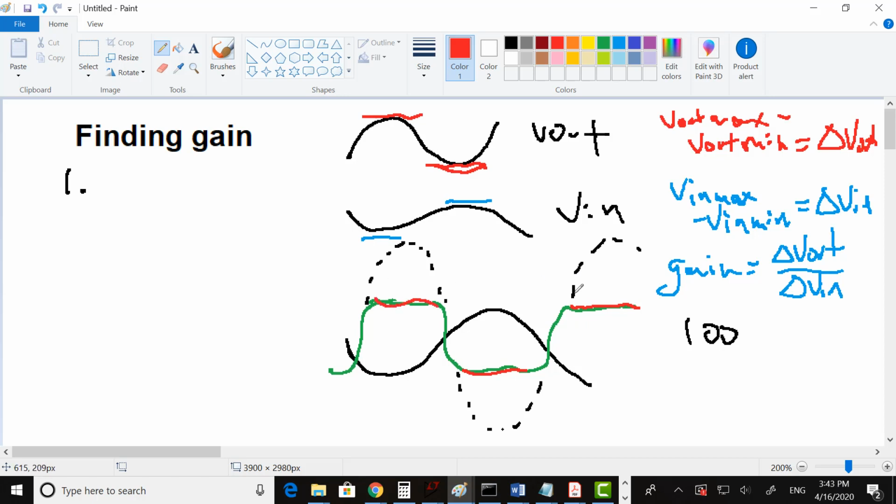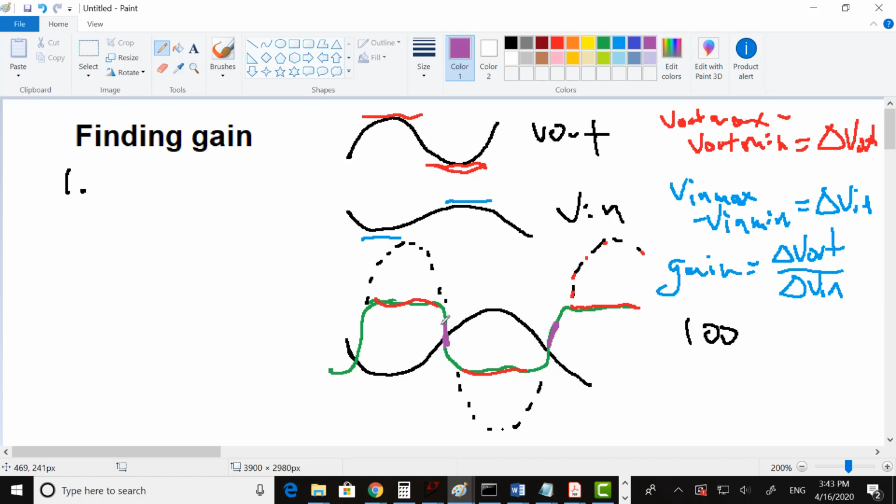And they are not actually representative of the gain. So this right here would be representative of the gain. Right here and here are representative of the gain.